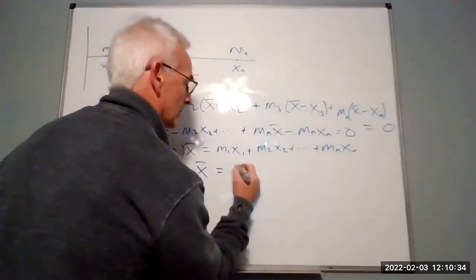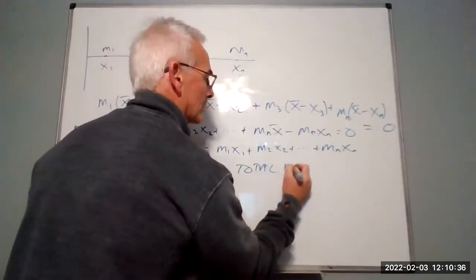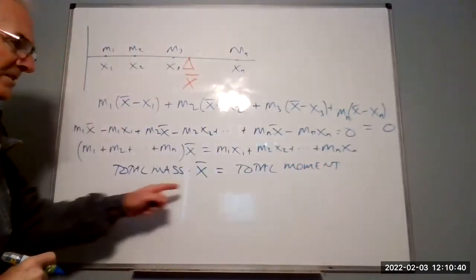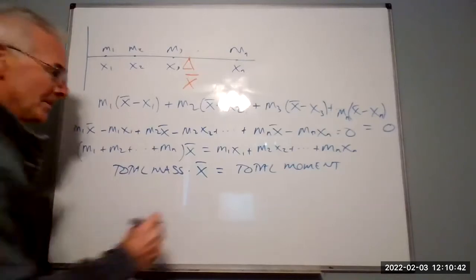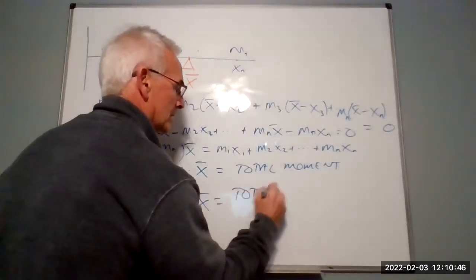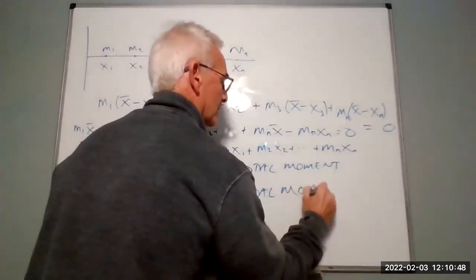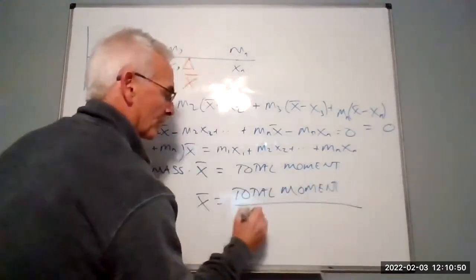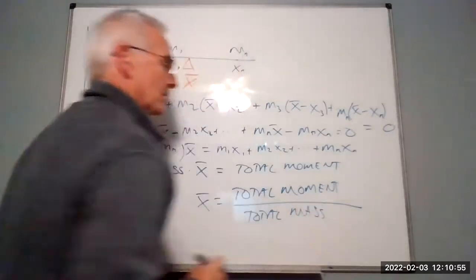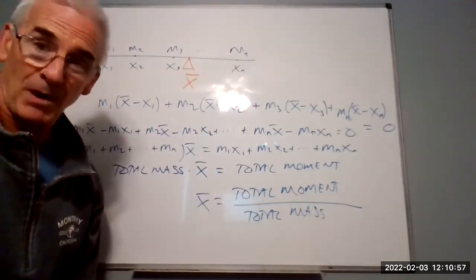This is the total moment. I got the total mass times x bar equals the total moment. That means quite simply that x bar is the total moment over the total mass.